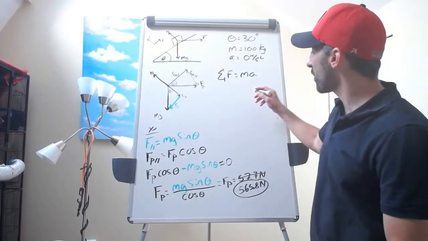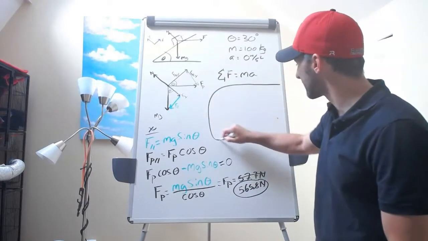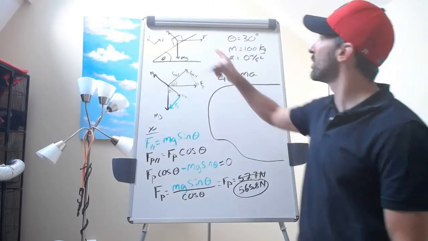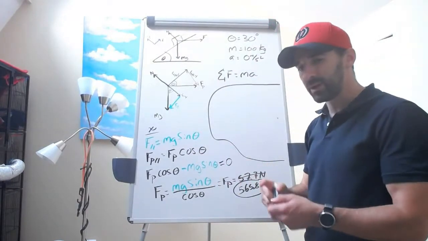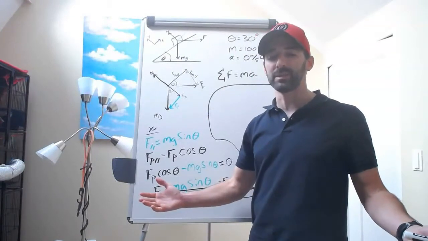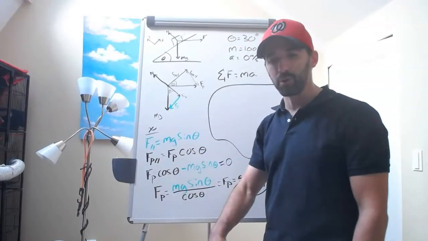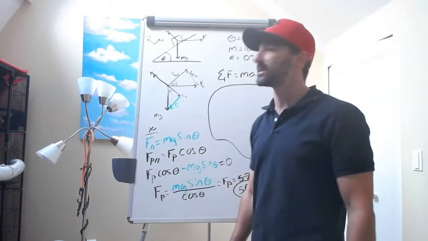Now, this part B, and I can fit part B here, though I don't like to do things like this. Part B was, what is the value of the normal force? Now, we should know that, let's say I have a weight of 600 newtons, hypothetically. I'm pushing down on the floor, 600 newtons. That means the floor is pushing up on me, 600 newtons. That's true.